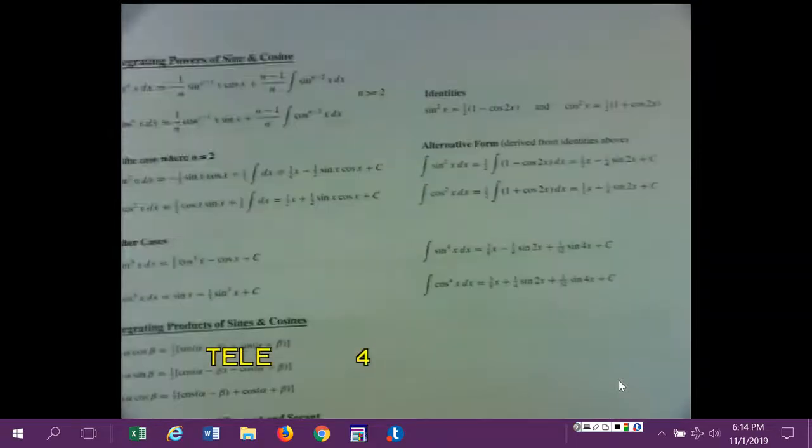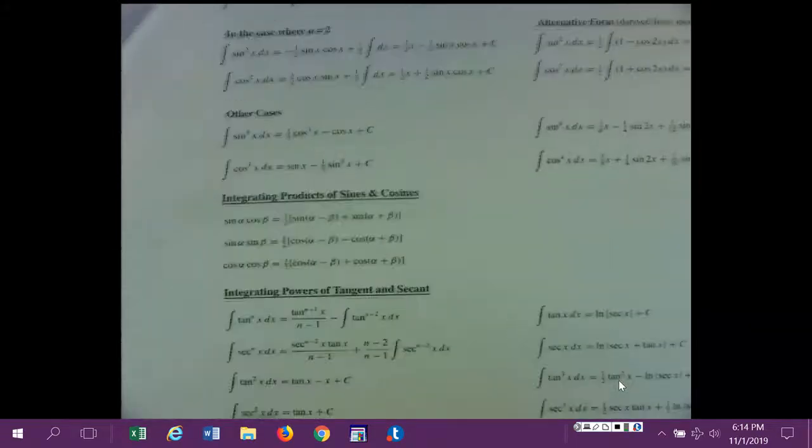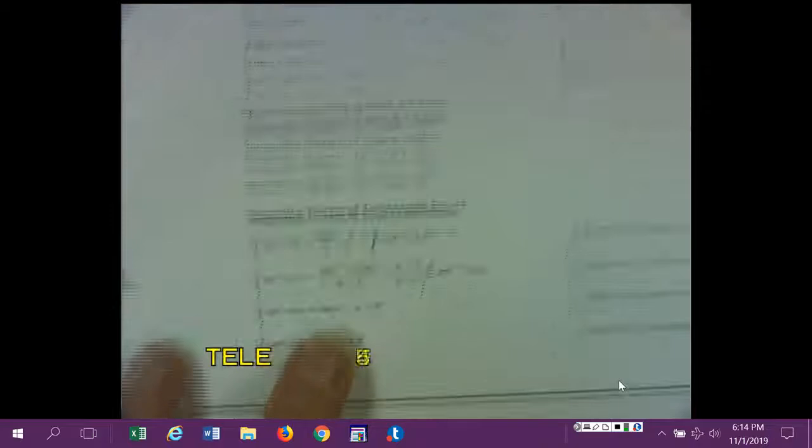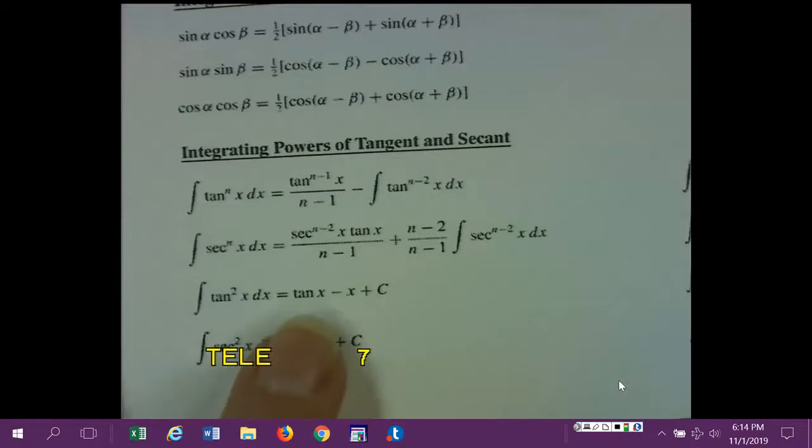We don't have to use the reduction formula to derive it. The blue box formula for tangent squared is tangent x minus x plus c. Now I can write that formula down, cut, paste, glue, stick. If I ask you for the formula, it has to be in x just like the formula sheet. But to use it, I have to write down tangent of u minus u plus c.